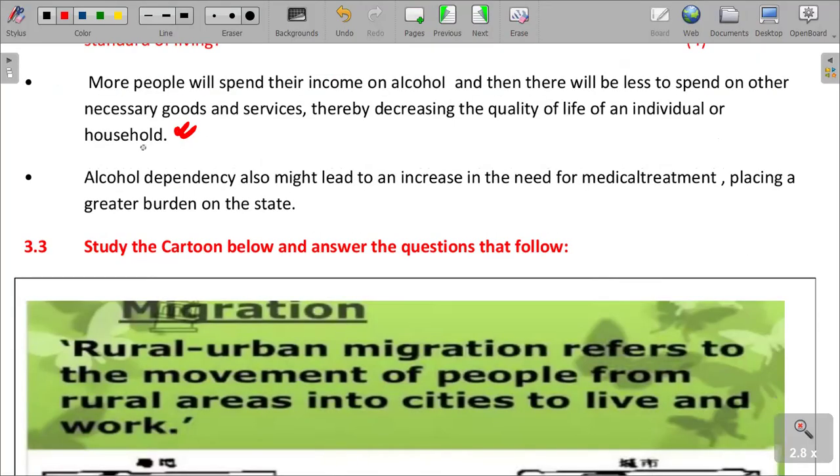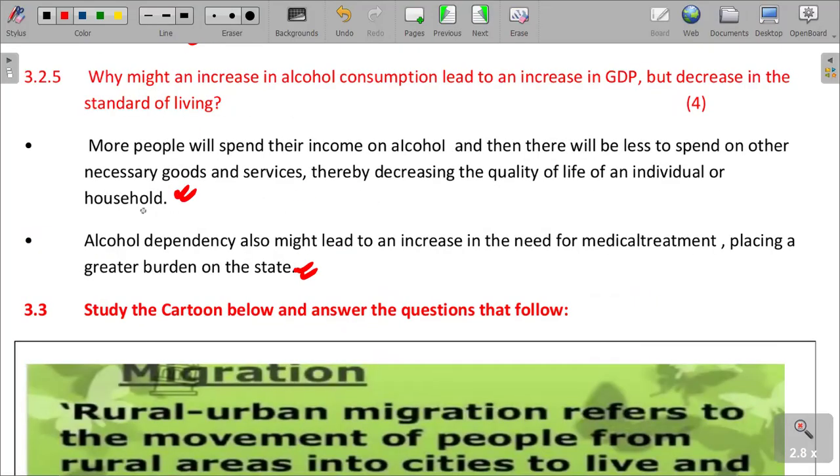And then alcohol dependence might also lead to an increase in the need for medical treatment, placing a greater burden on the state. There are quite a lot of social ills that can arise as a result of alcohol, which are also problematic to the state.